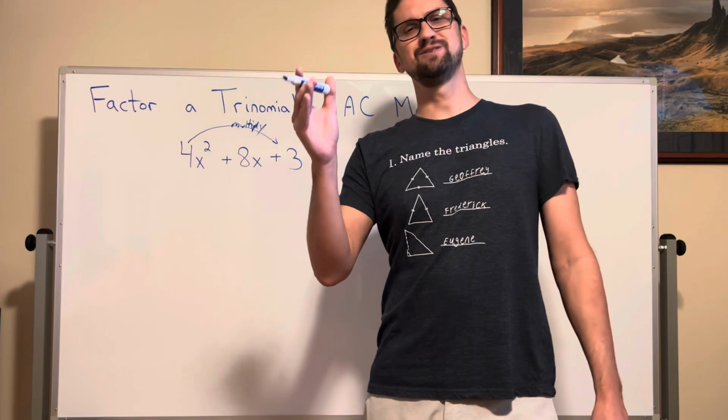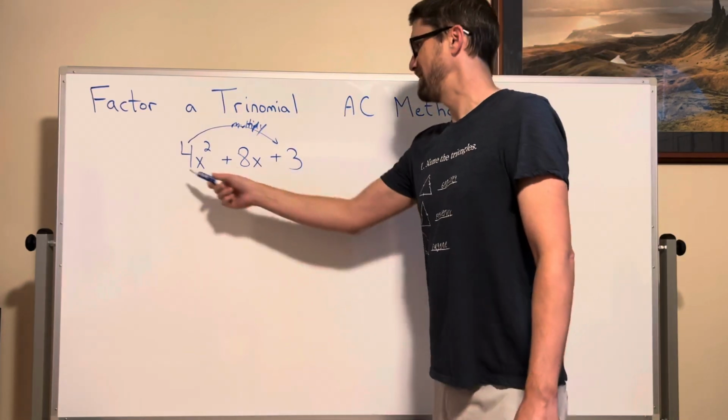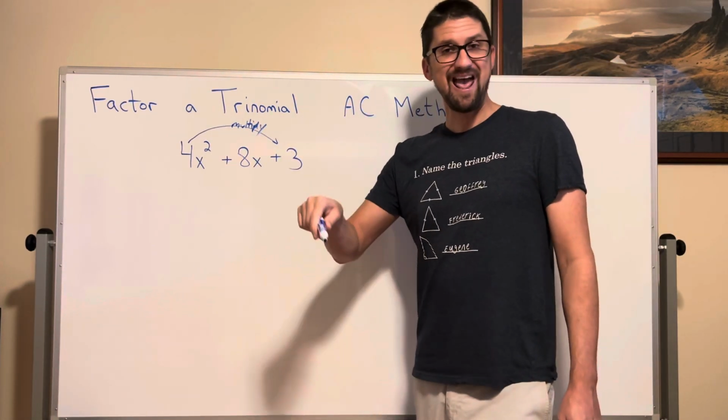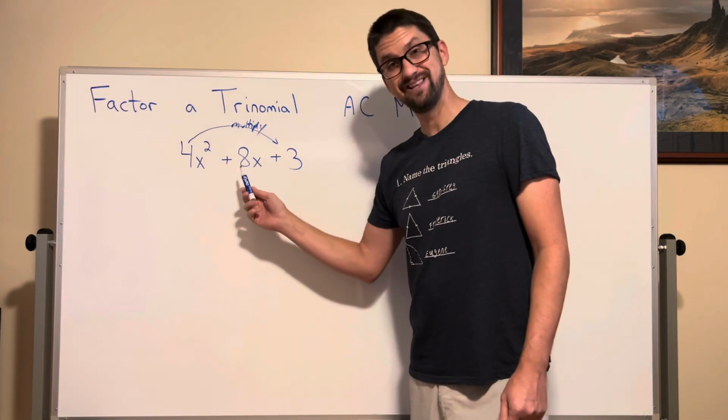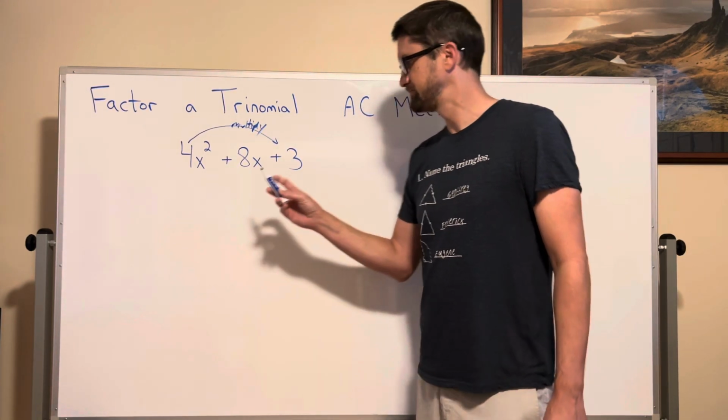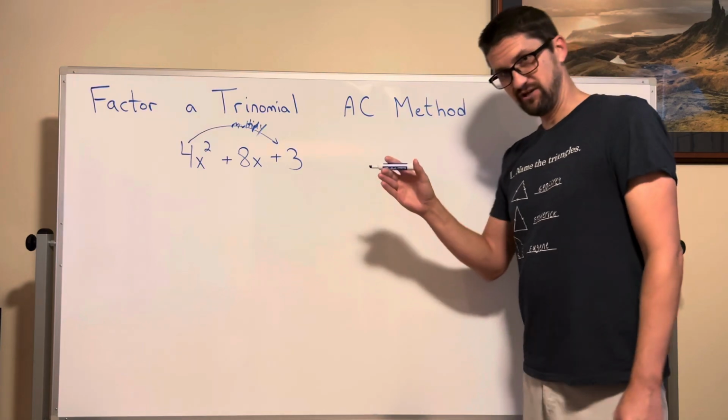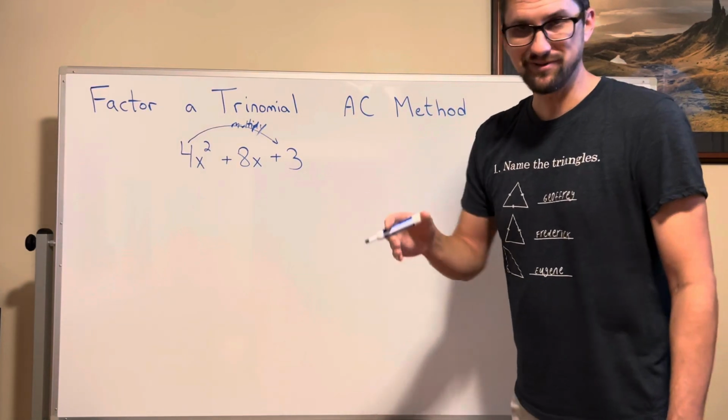The next thing you need to do is figure out two numbers that multiply to 12, but add to give you this middle number. So let's think of all the combinations that multiply to 12.